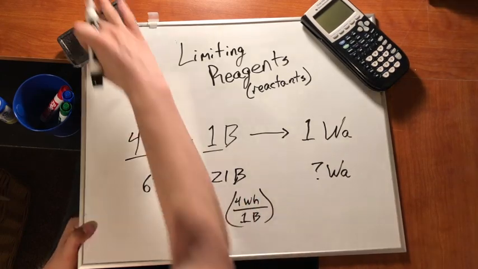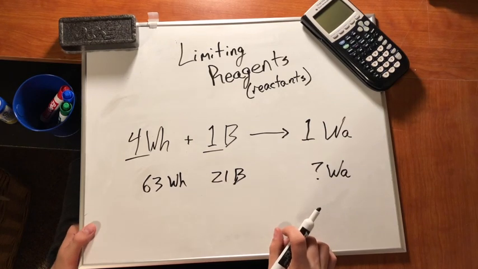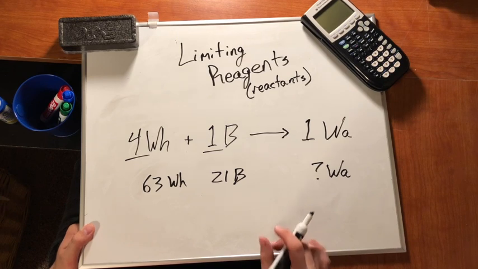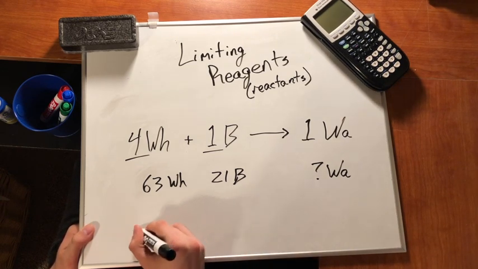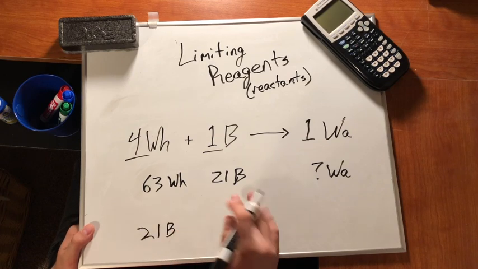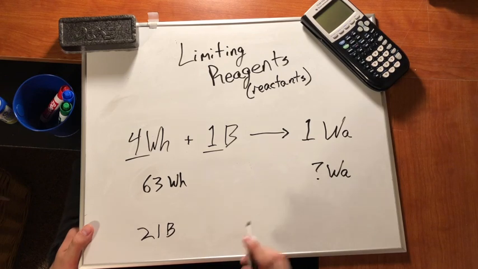And so if I'm trying to figure out which one of these is the limiting reactant, I'm going to use kind of a trial and error method, where I'm going to take both of these. I'm going to write 21 down here, 21 bodies, and I'm going to calculate which one of these is going to be my limiting reagent.